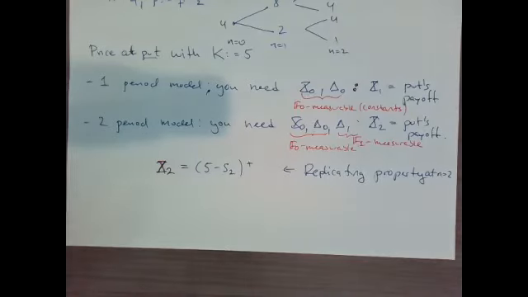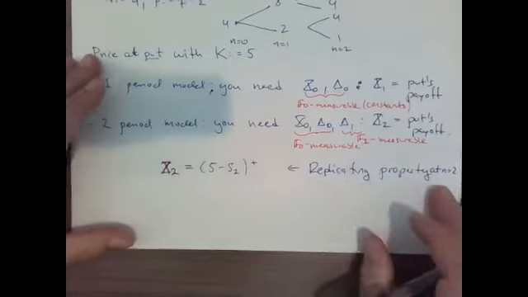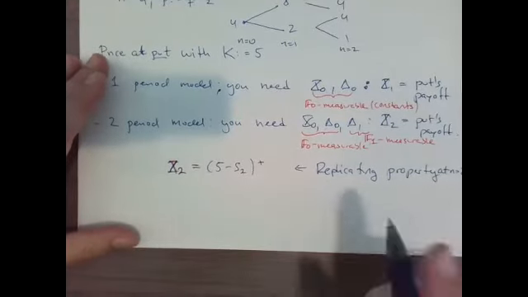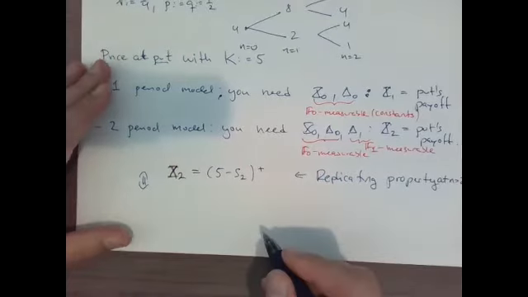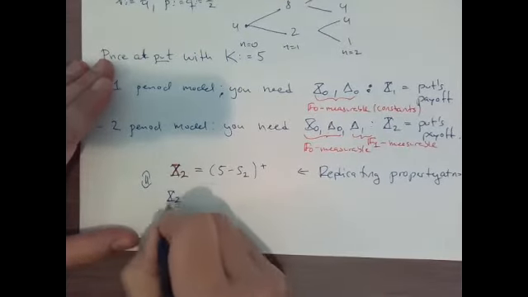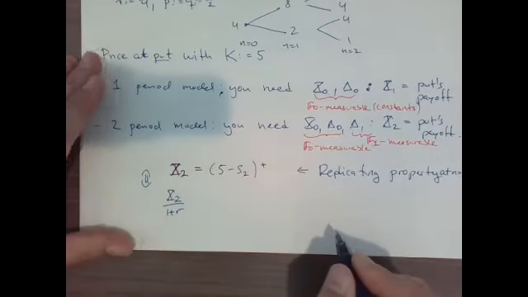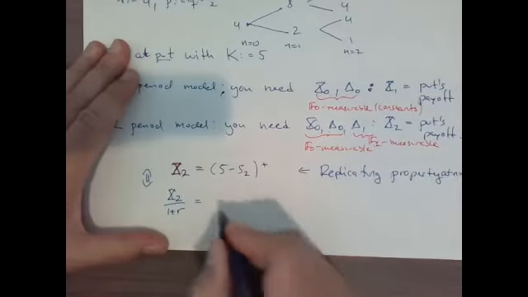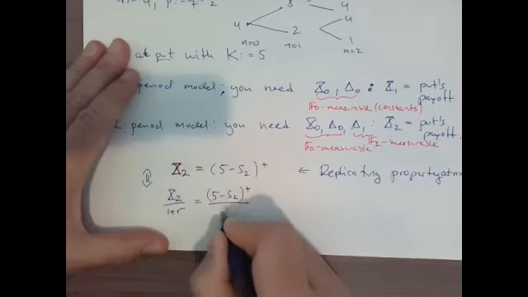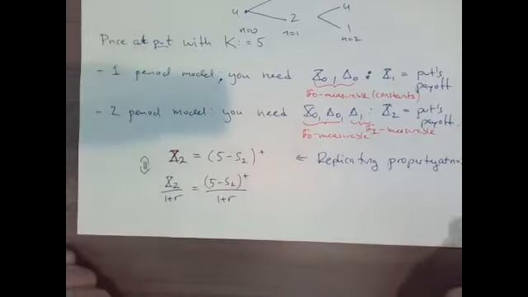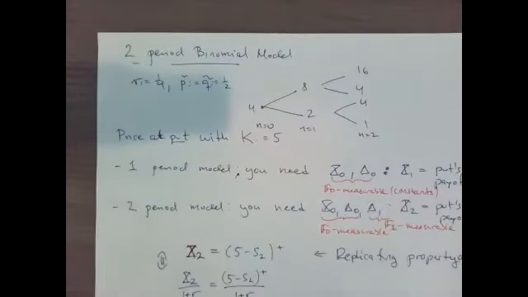And the way we want to attack it is we're going to use martingale theory. So we're going to look at this. This is the same thing if I divide by the interest rate, so I did nothing else here than just divide by 1 plus r. And I did that because now I can use the martingale property, right?